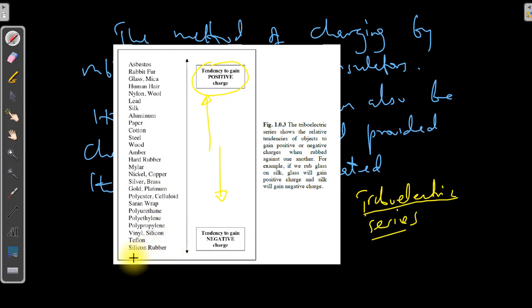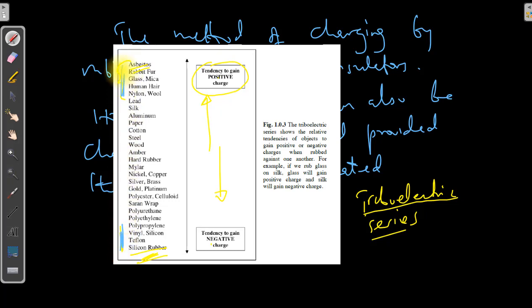So if you take an example like silicon rubber, which is at the bottom of the group, and you rub it with asbestos, it is most likely that the silicon rubber will become negative and the asbestos will become positive. Ideally, we always rub materials on top of this list with materials at the bottom of the list to get a better experience of what charging looks like.